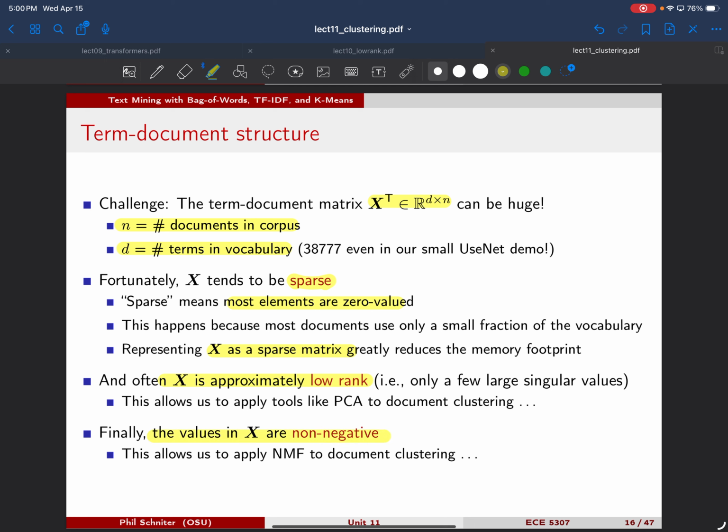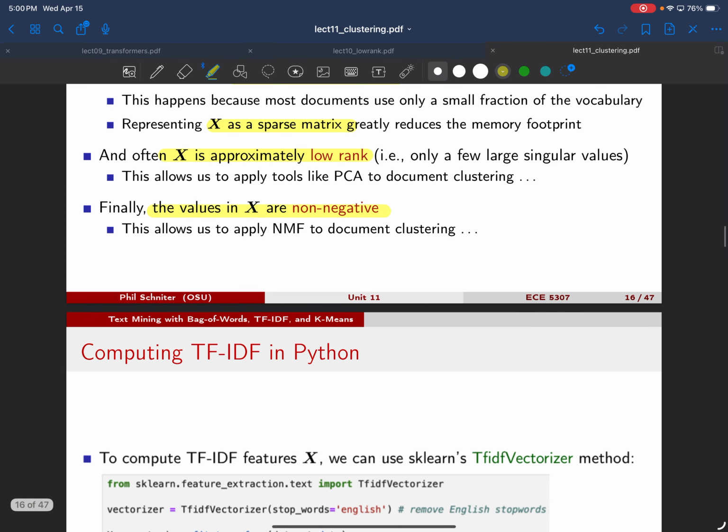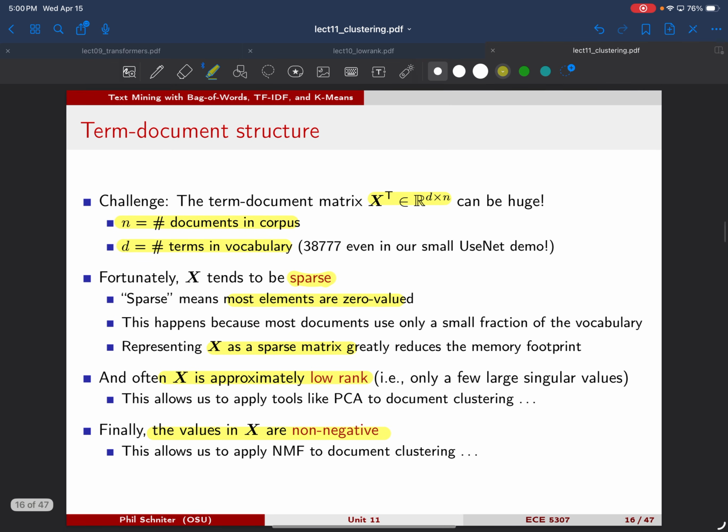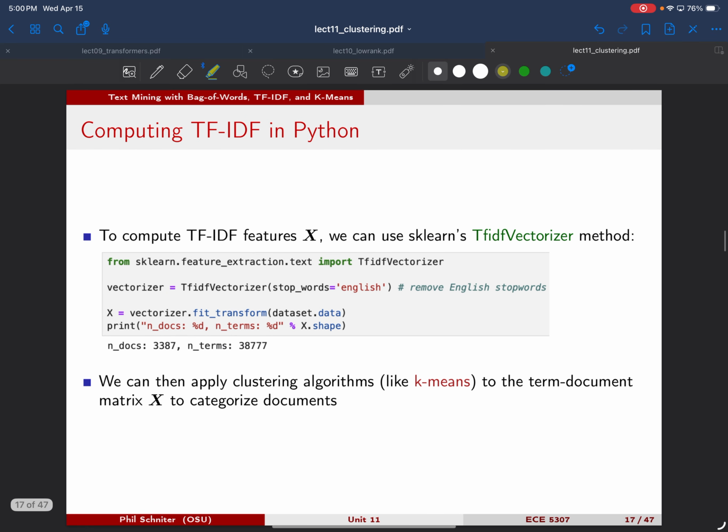So because it's low rank, that means we could try tools like PCA for document clustering. And because it's non-negative, we can even do NMF because those are low rank methods. Okay, so now essentially we have 3 different techniques. We can try k-means, PCA, or NMF. Okay, any questions?